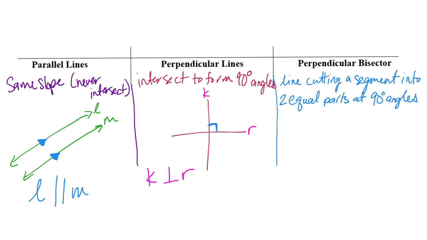So that would look something like this. So we've got a line segment, and it's going to cut it into two equal parts. So I'm going to say they're equal parts. We're marking them with the tick marks. And then I'm going to say it's a 90-degree angle by putting the little corner on it. That's the way we denote a 90-degree angle, is we put that little box in the corner to show that it's a 90-degree angle.